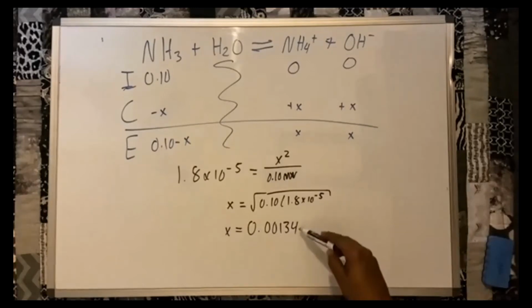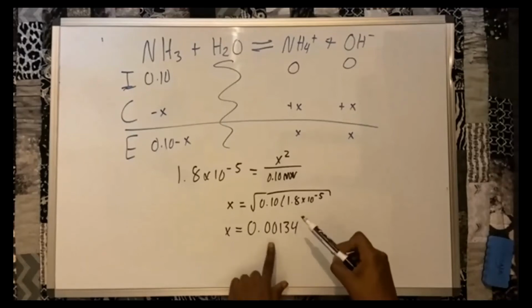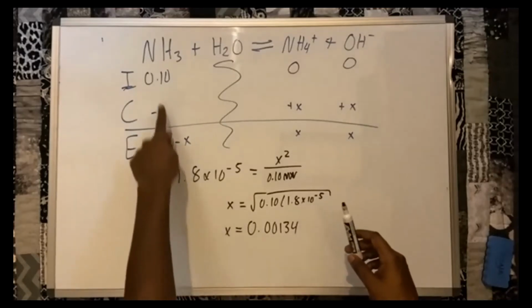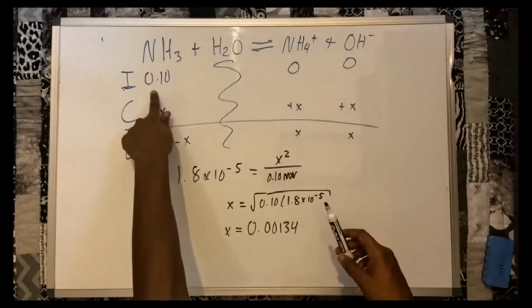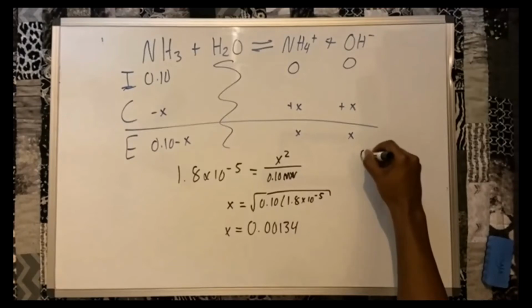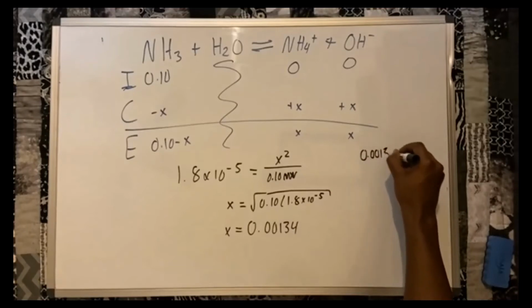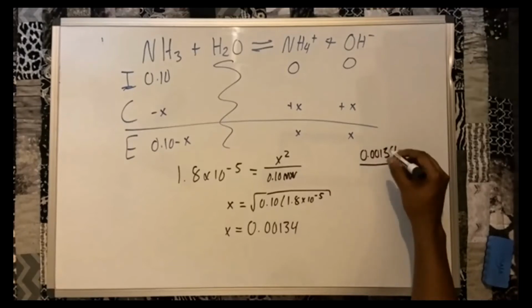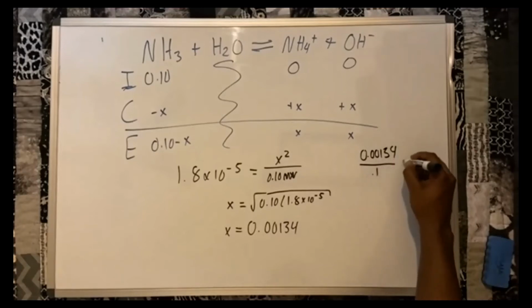Now you have to check. Did you get stuck having to check it? Yeah, that's where I stopped. So to check, you take your x and divide it by your initial amount. So 0.00134 over 0.1 times 100.